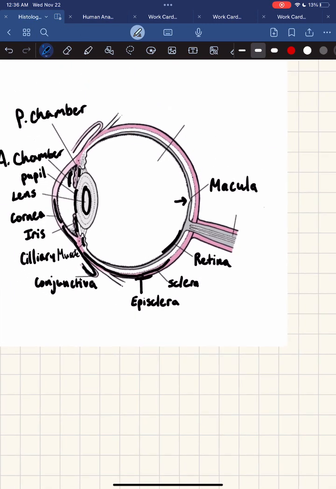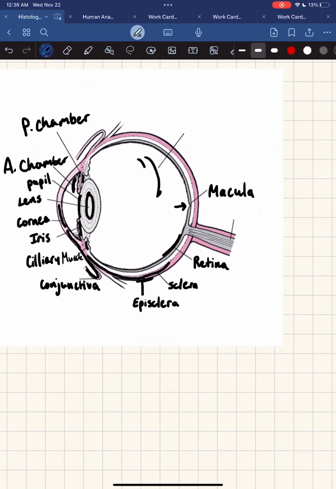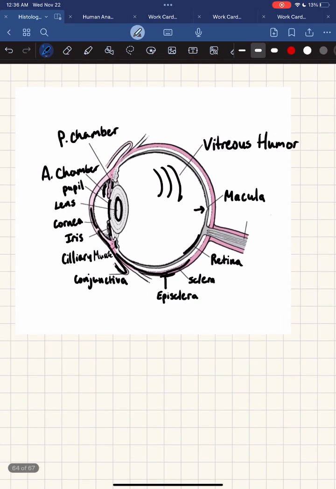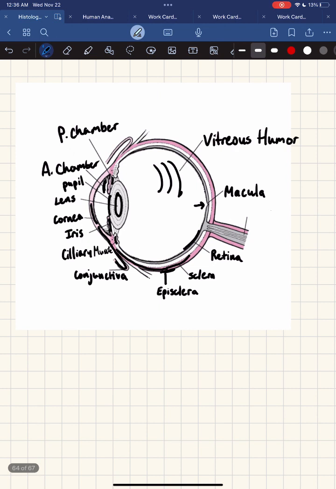And then we've got this space being called the vitreous humor. Now, the chambers actually are a little important. The eye itself is considered to have two chambers. So the anterior chamber houses or is filled with aqueous humor.